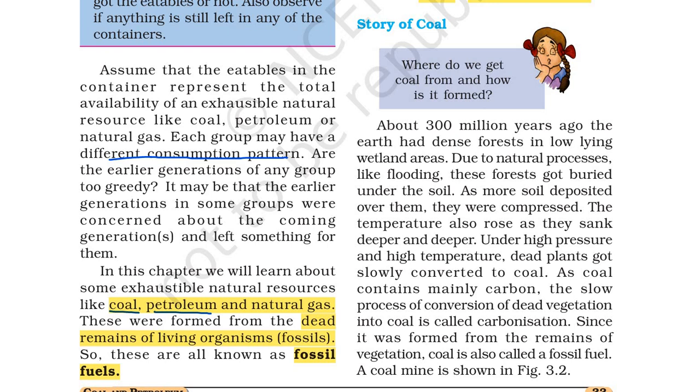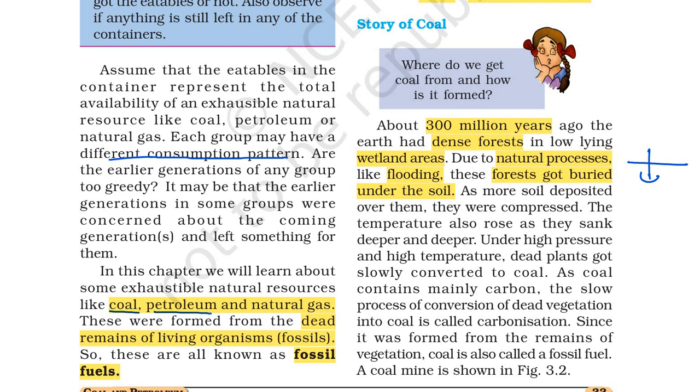So it says about 300 million years ago, the earth had dense forest. The earth used to have dense forest in wetland areas, and there, due to natural processes like flooding, these forests got buried under the soil. The remains got buried under the soil. As more soil was deposited over them, they were compressed.